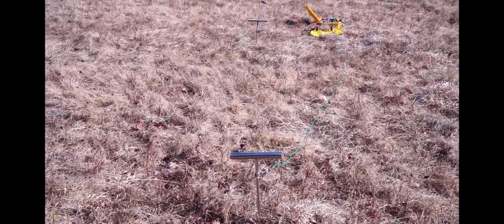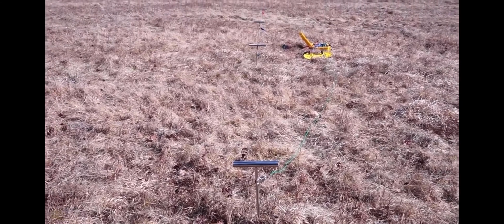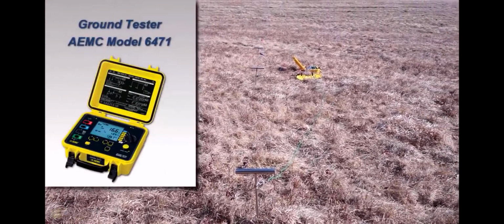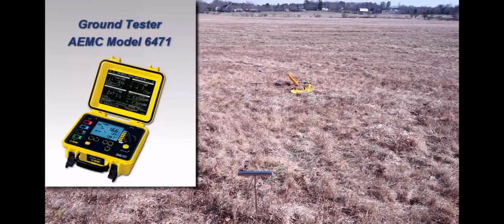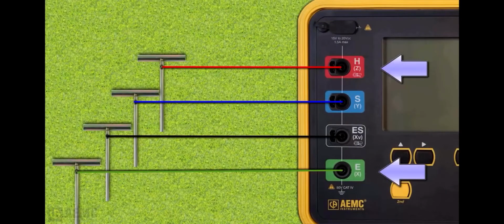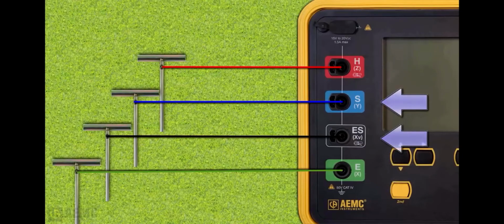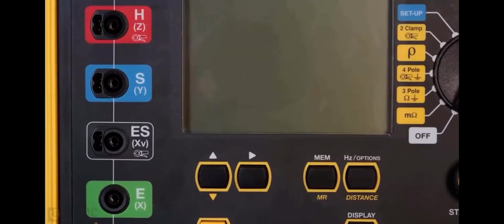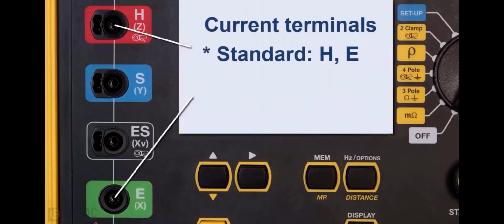For this test, we are using the AEMC Model 6471, a 4-pole ground resistance tester. The 2 outer electrodes are connected to the instrument's outer terminals. The inner electrodes are connected to the inner terminals. Let's pause a moment to discuss how these terminals are labeled. According to international standards, the current terminals are called H and E. Some manufacturers label these terminals Z and X, while others use C1 and C2.